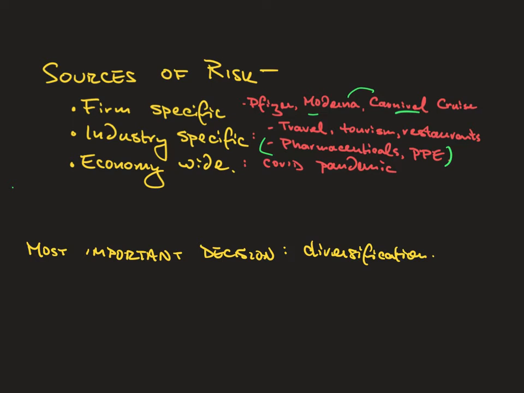Okay? So again, the one important thing that individual people can do when deciding how to loan their money or save their money or invest their money, really the one important decision they can make is how to diversify. Okay?